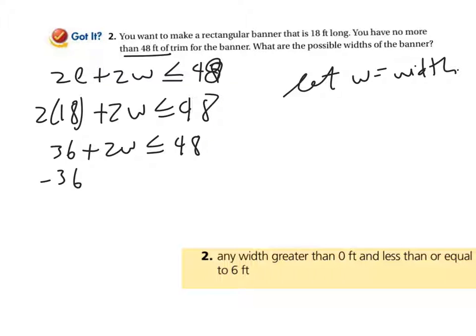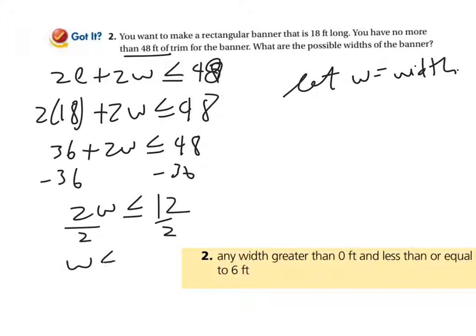Subtract that 36. The 2 widths have to be less than or equal to 12. Divide off the 2, and the width is less than or equal to 6. 6 feet at most for the width of the banner. So that's what we're looking for. Anything in between, from 1 foot all the way up, it's up to you.